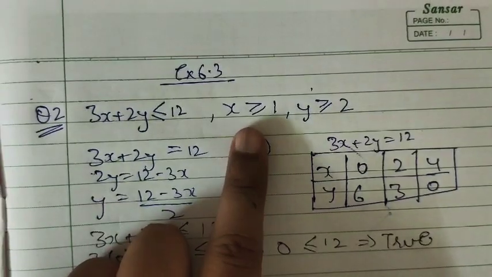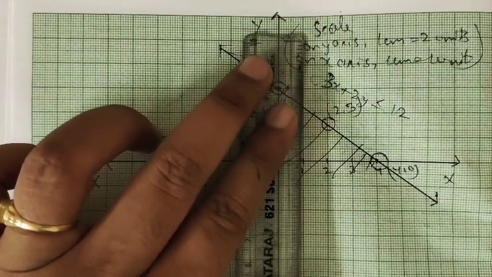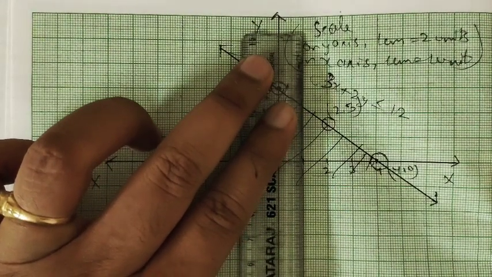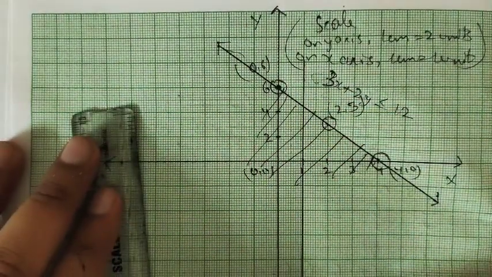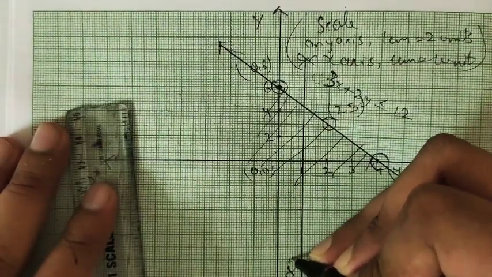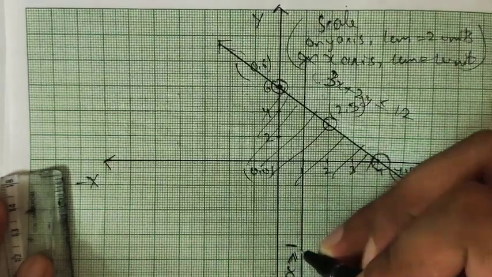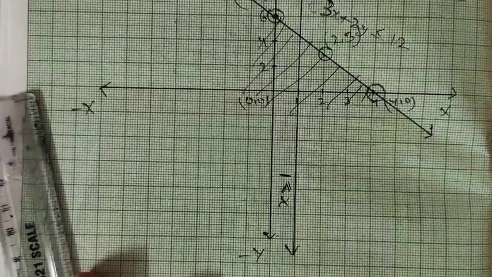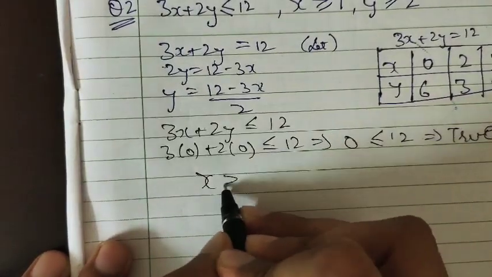Next inequality is x greater than or equal to 1. x equal to 1 is this line, which I am marking here. Which portion does greater than or equal to mean? If I put 0 here, is 0 greater than or equal to 1?